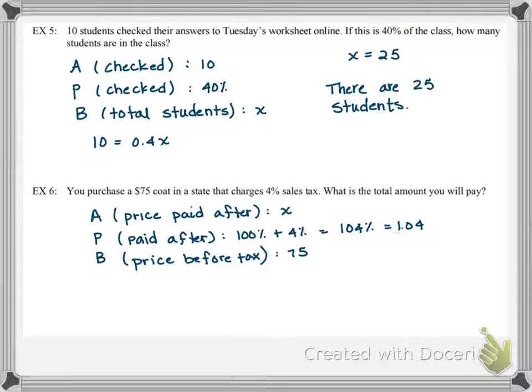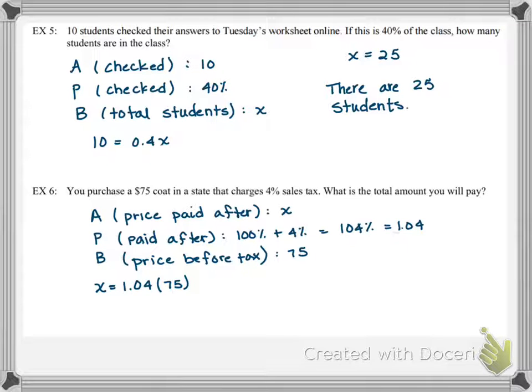So we have x equals 1.04 times 75. And that is 78.